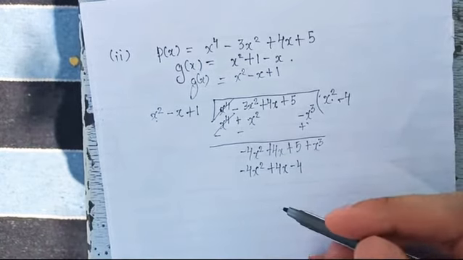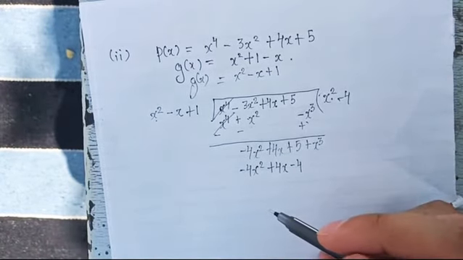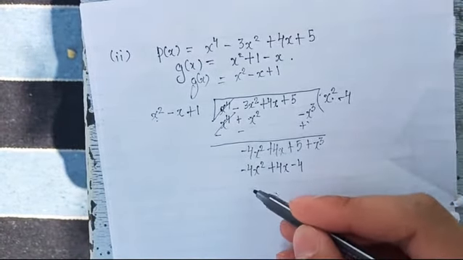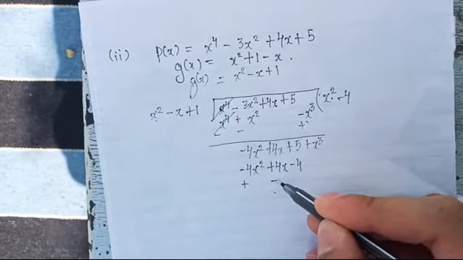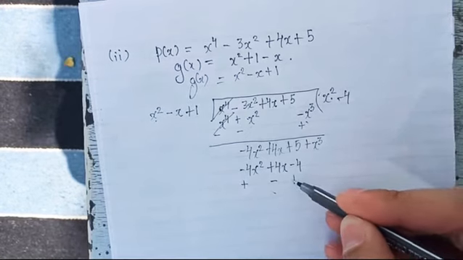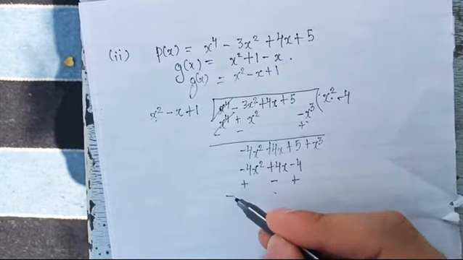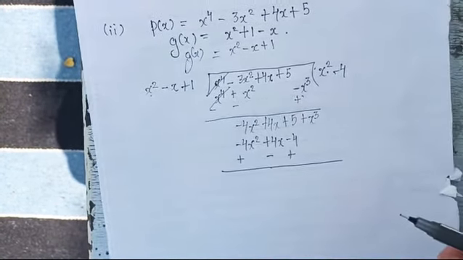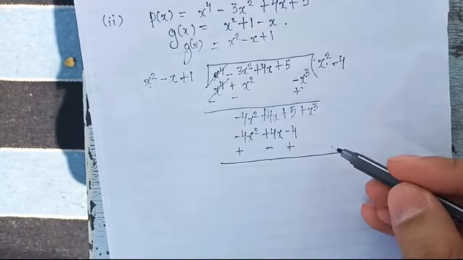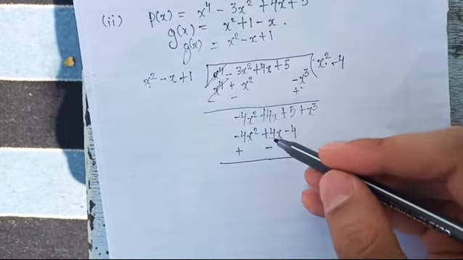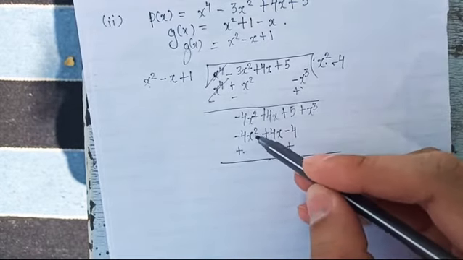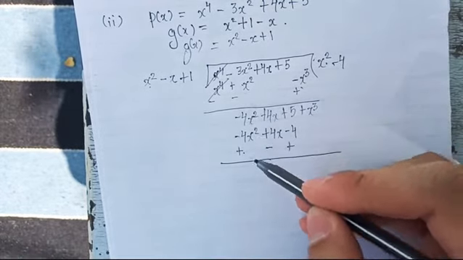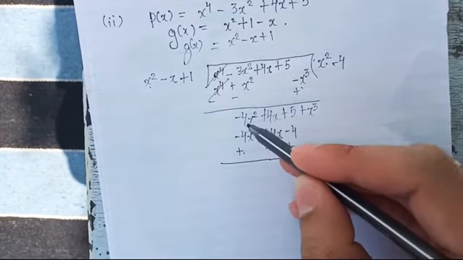Now after this we will change the sign convention. Minus 4x square will become positive, plus 4x will become negative, minus 4 will become positive. Dividing them, okay, now when you divide them, you will see minus 4x square and plus 4x square will cancel out.